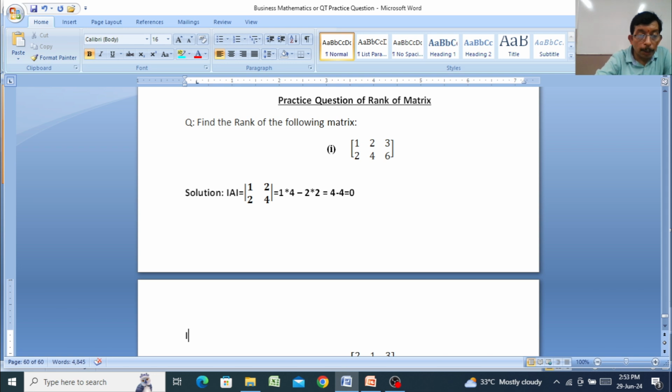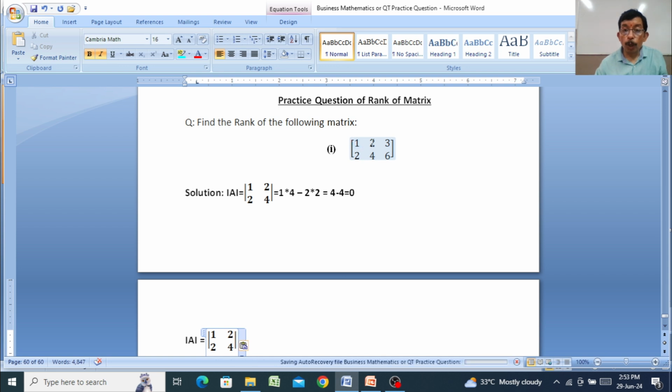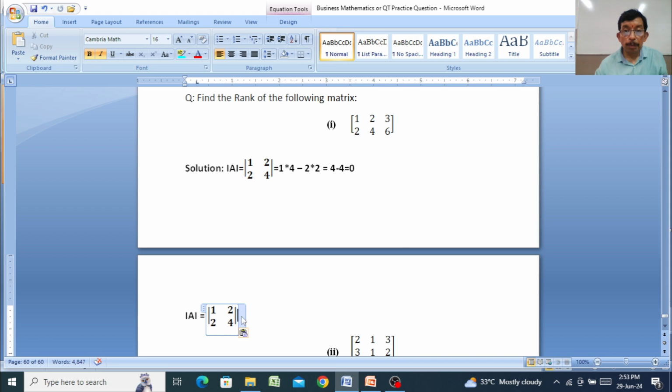Now we take the second determinant of the given matrix. First we took the first two columns, now we take the first column and third column, where 2 is replaced by 3 and 4 is replaced by 6.